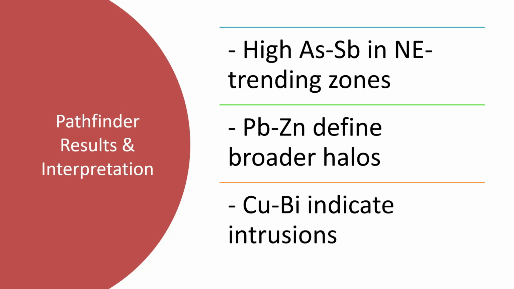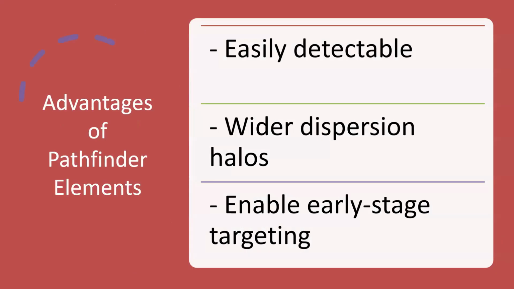But if they occur in a haphazard manner, it might be a problem to determine a target. When the target becomes very difficult to determine based on suites of elements, you need to be very careful. Having understood these Pathfinder elements and their importance, it's very important to understand that they are very good to use in the early stage because they can easily be detected.